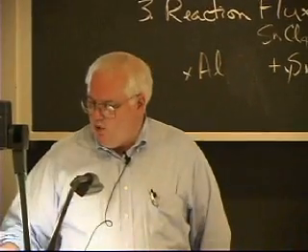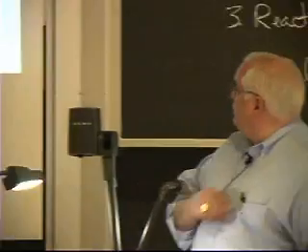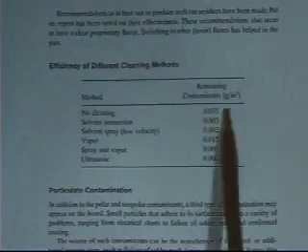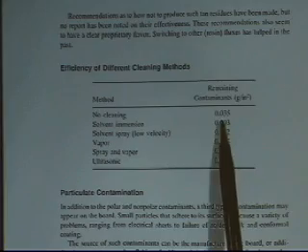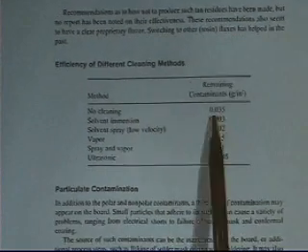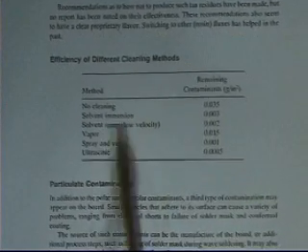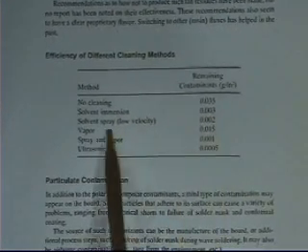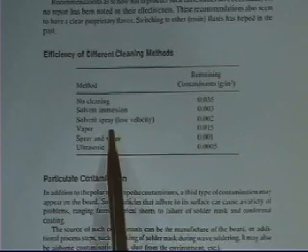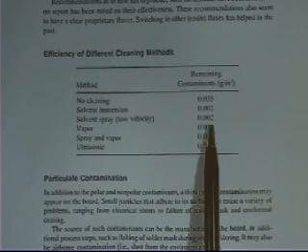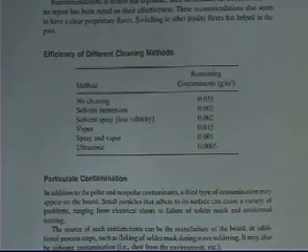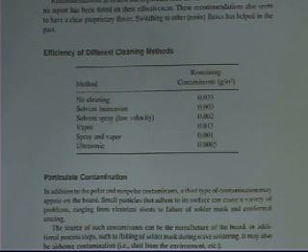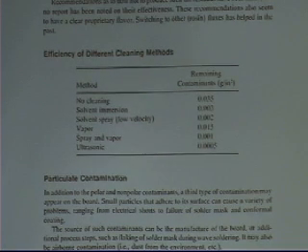To give you something quantitative, this comes out of the same soldering book. If I don't do anything, the remaining contaminants on the surface are 35 milligrams per square inch. Typically, if I dissolve it in a solvent like alcohol, I can drop that by a factor of 10. If I spray it, and the problem with immersion is you put it in, but the grease kind of floats on the surface of that solvent.